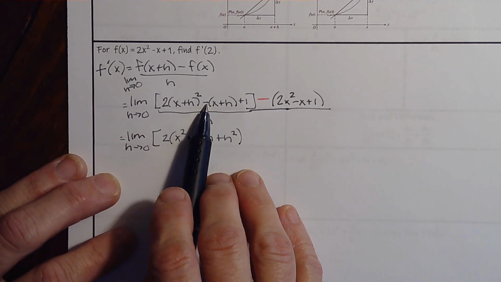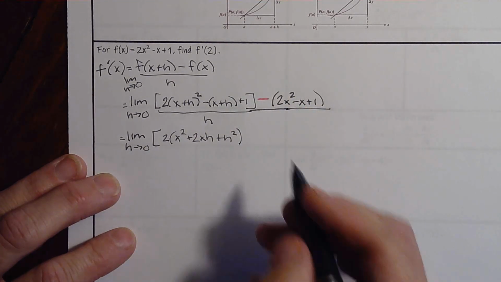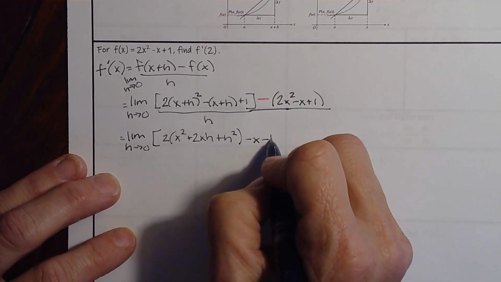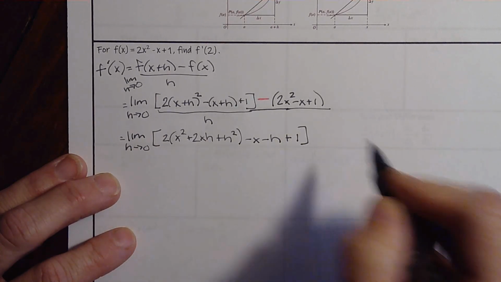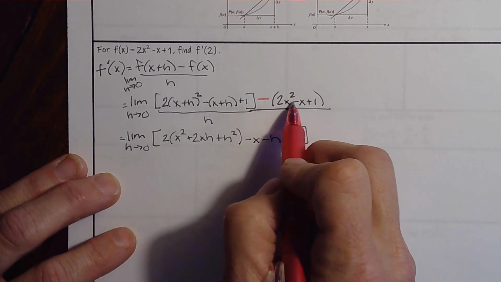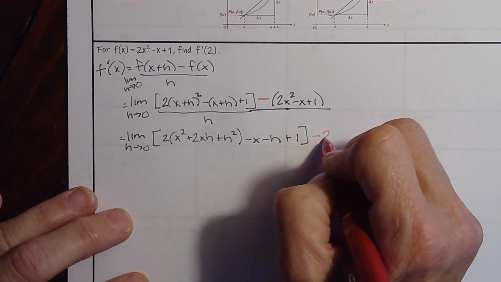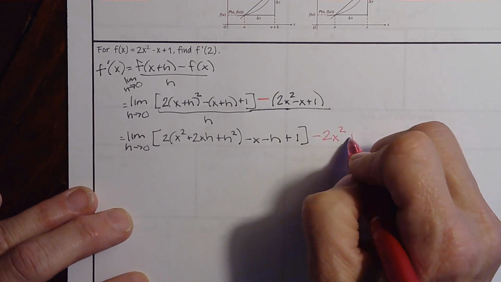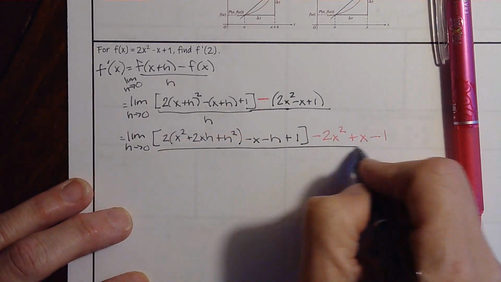You're subtracting both x plus h, so it's minus x minus h plus 1. And I'm going to subtract all of those, so I'm going to have a minus 2x squared plus x minus 1. And all of that is over h.